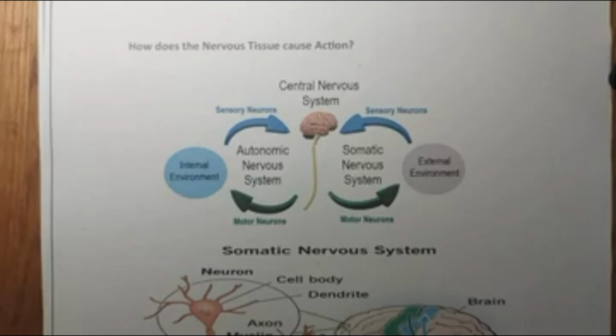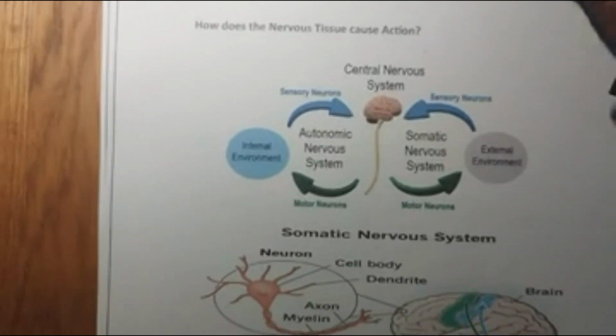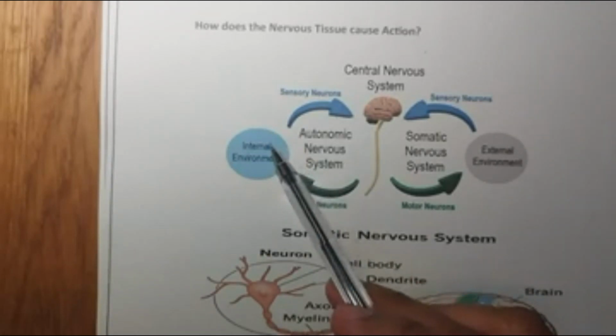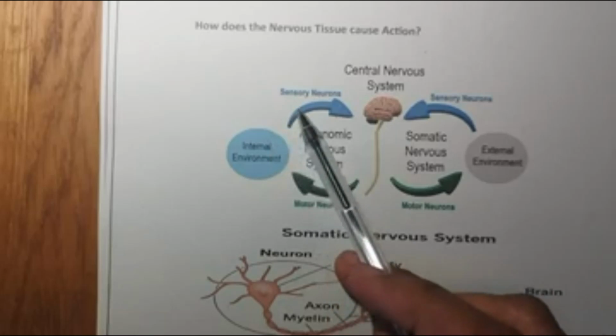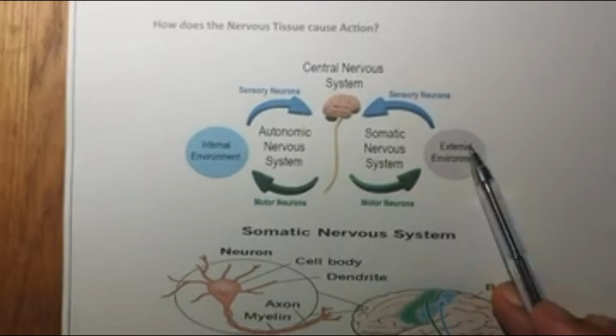Now, what happens at the basic level? How does this action actually come into force? The nerves collect information from the internal environment or the external environment of the body.